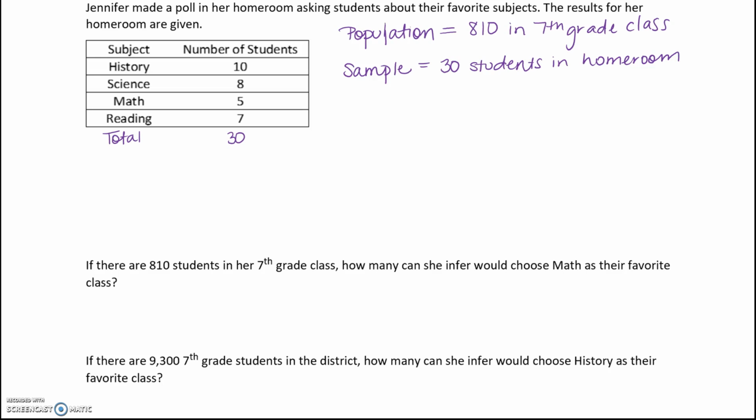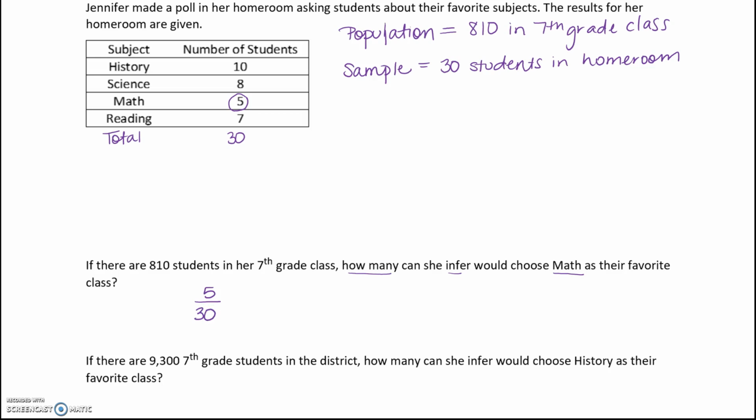If there are 810 students in her 7th grade class, how many can she infer would choose math as their favorite class? So we're talking about how many like math. Let's look at our sample. 5 students out of 30 liked math.